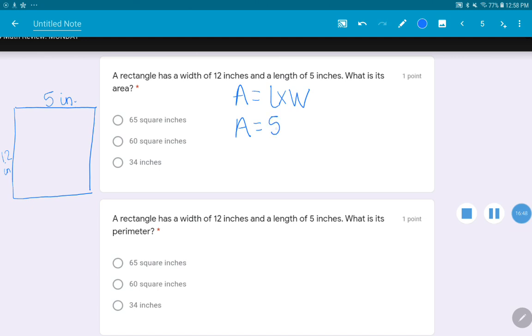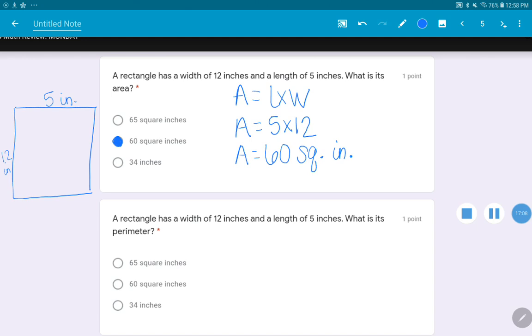The length is 5 inches. The width is 12 inches. And 5 times 12 equals what, Harper? 60. The area equals 60 square inches.